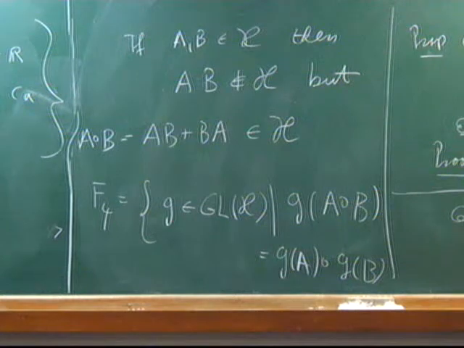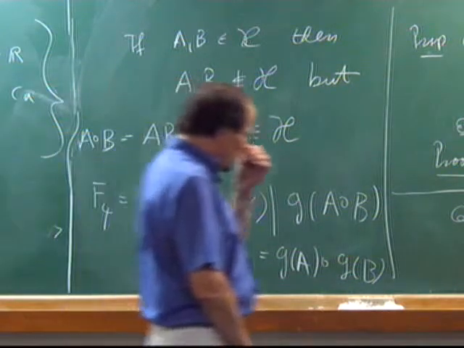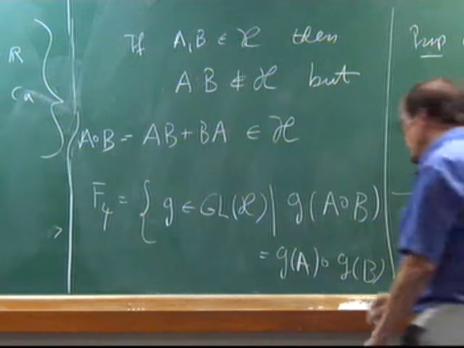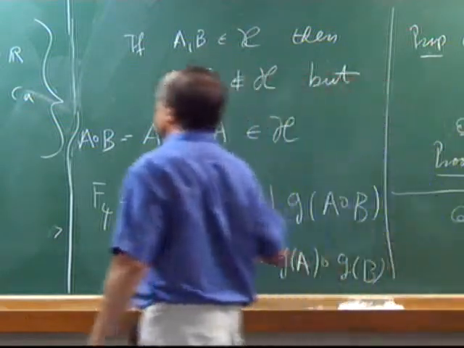So F4 is again, in a certain interpretation, the automorphism group of a certain algebra. But this is a little more difficult to work with. To prove corresponding things for F4, like this here, it takes a little bit more work. There's one paper in my references by Murakami, if you want to read more about this.